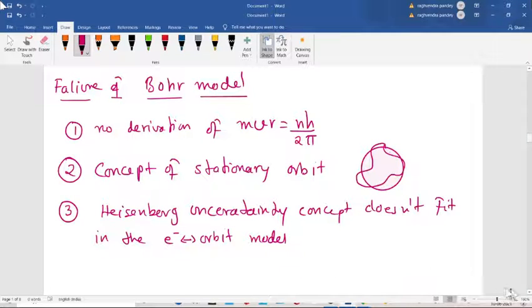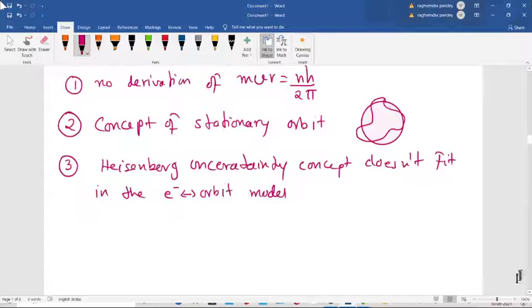Because Heisenberg said that we cannot measure the position and the momentum simultaneously. There will be some error in the measurement.